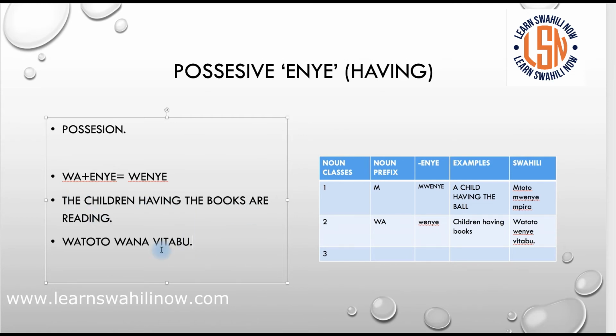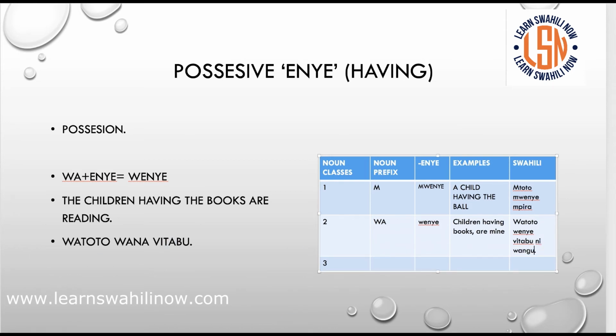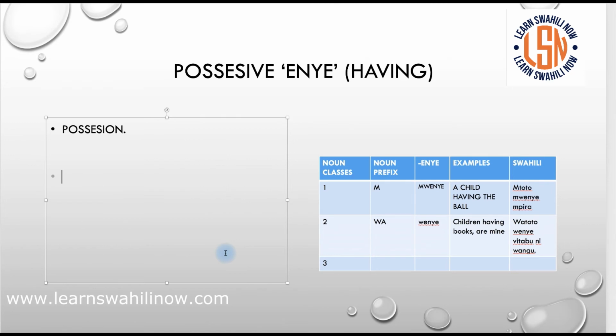The children having books are reading. For noun class 2, we have wa as the noun prefix, and then the enye will become wenye. The children having books, watoto wenye vitabu. I need to complete that thought. Ni wangu. Now let us look at a few examples to just help solidify this thought.